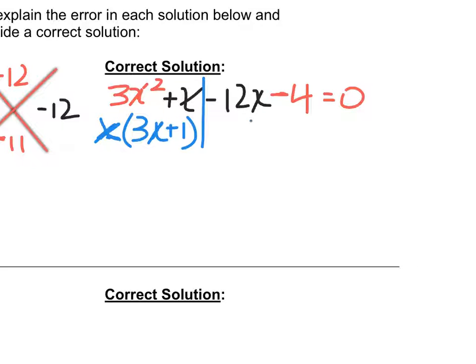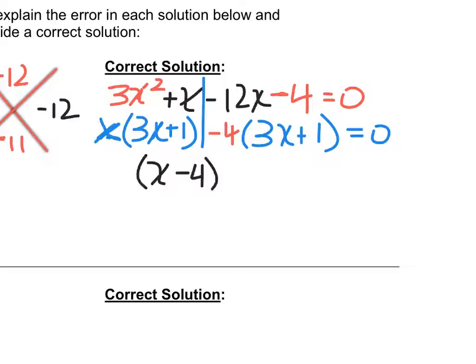I know that 3x plus 1 has to be one of the factors. In order for 3x to become a negative 12x, what does its coefficient have to be? Negative 4. So we're looking at x minus 4 and 3x plus 1.